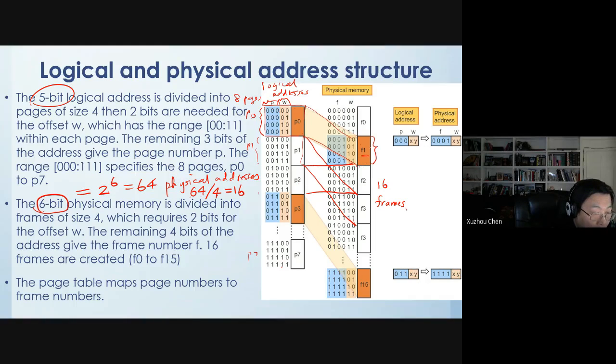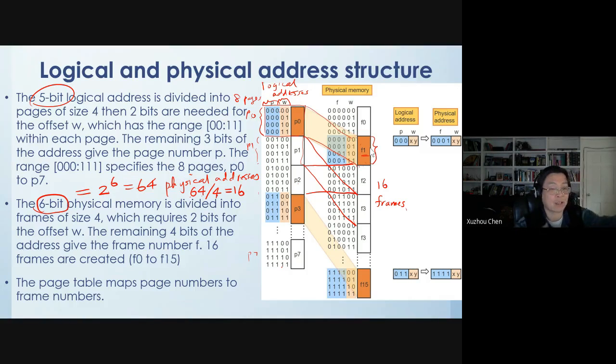Remember, when you load each of the pages into a frame, we don't have to load into the frames in any certain order, like a consecutive order. If I have a program of 4 pages, that's the size of my program.